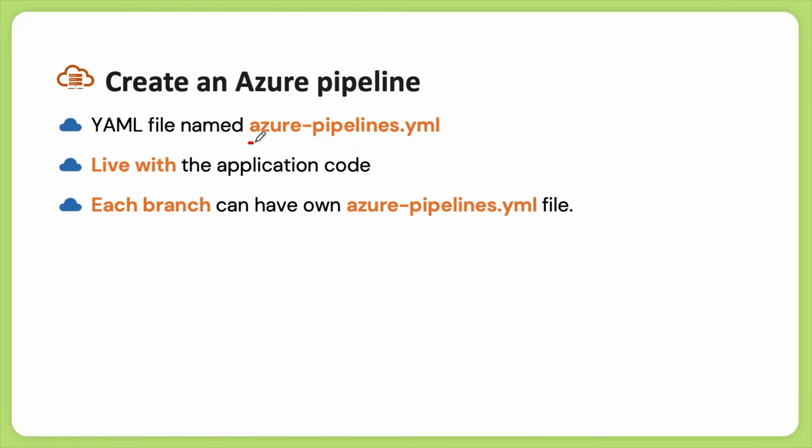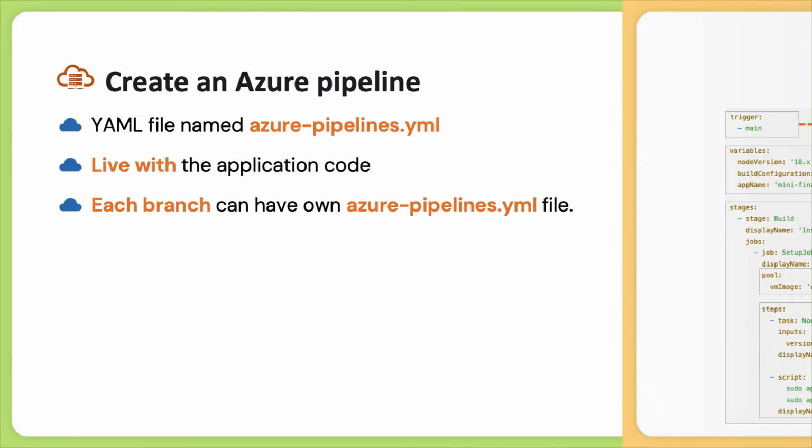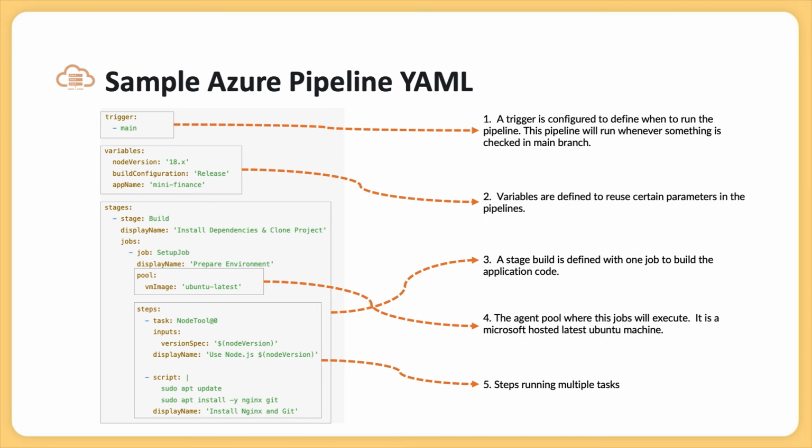Now let's understand what kind of code and configuration we put in our azure-pipelines.yml. So this is the sample code of an Azure pipeline, and let's understand this one by one. First things first, here we have the trigger.